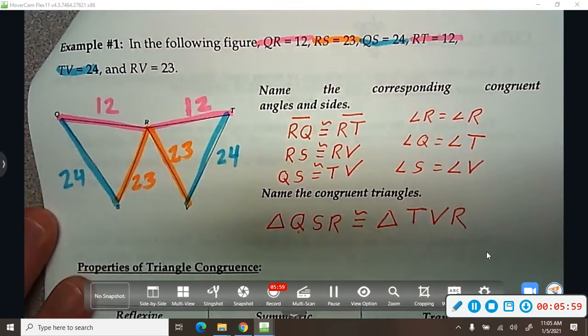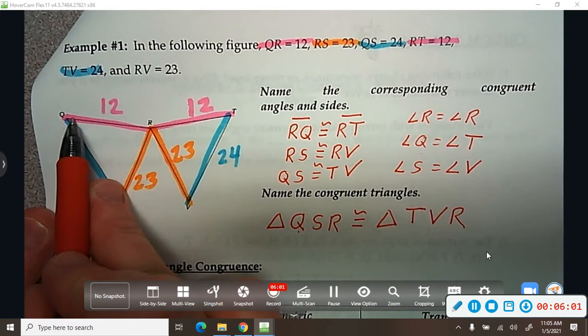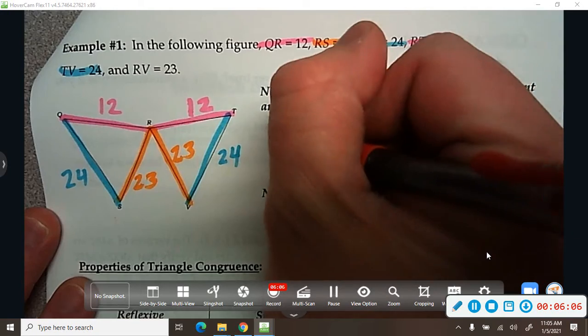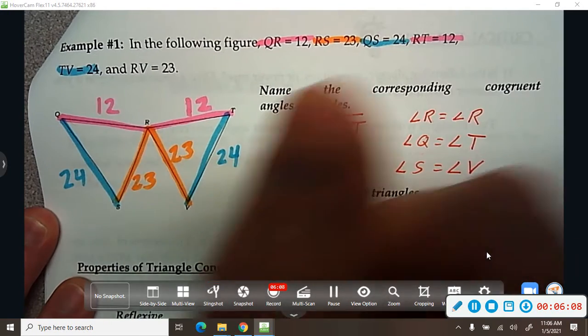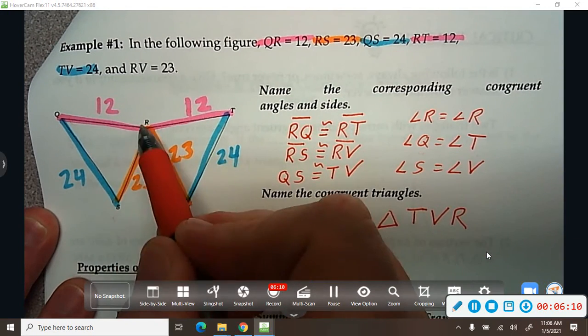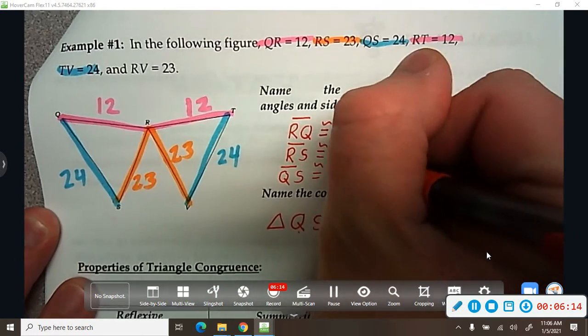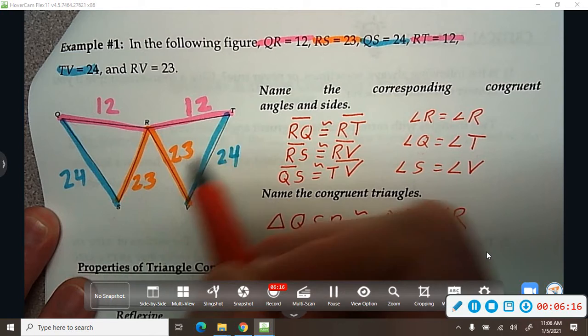So the first thing we said was that RQ is congruent to RT, and then we said that RS is congruent to RB, and then we said that QS is congruent to TV.